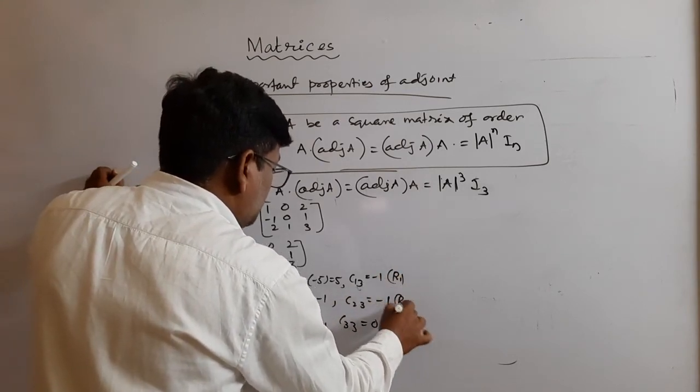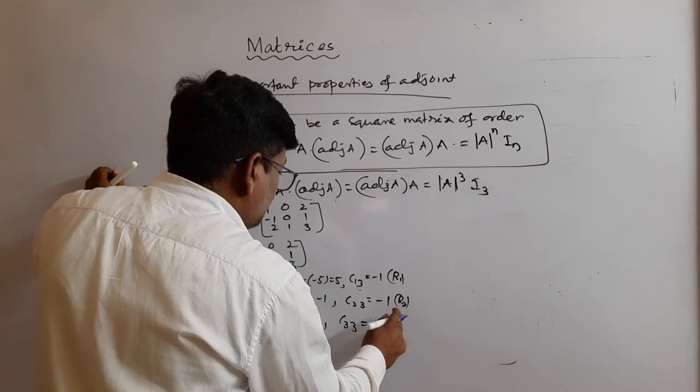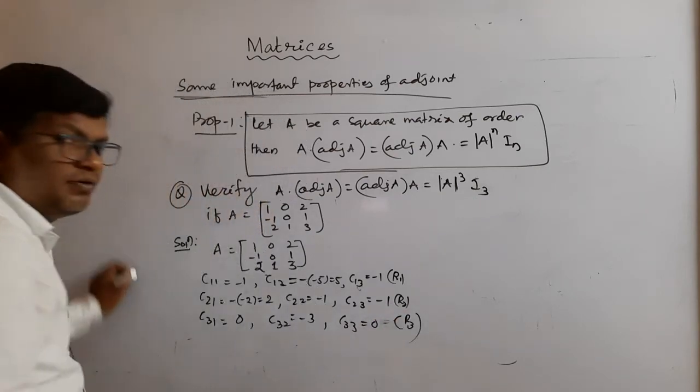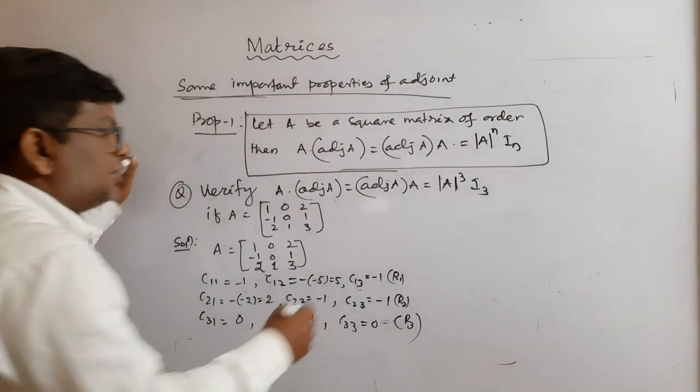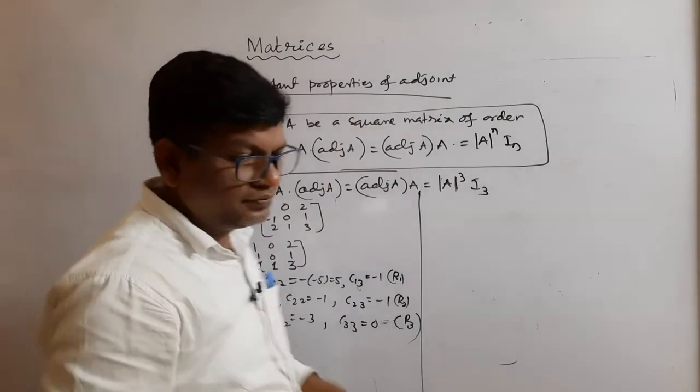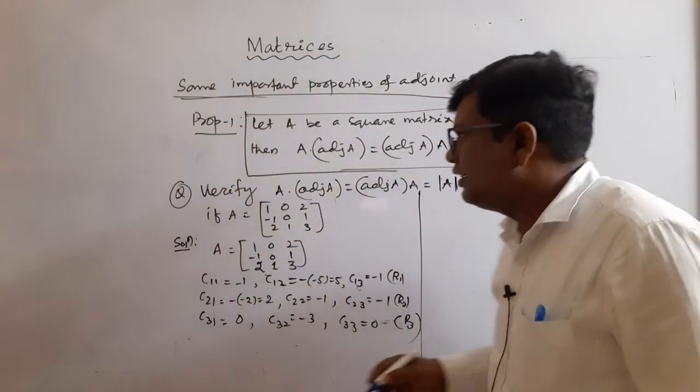Now this is row 1, this is row 2 and this is row 3. So adjoint is equal to, write the row as columns.